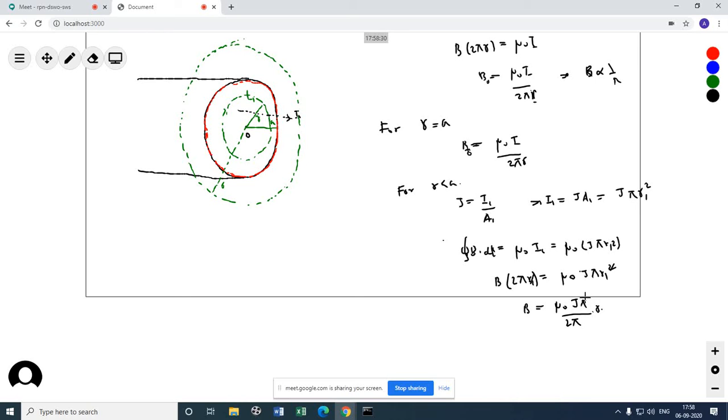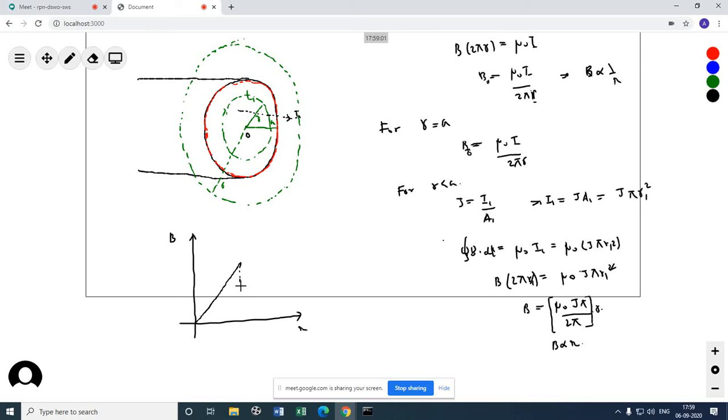So giving everything, what you see here is B is directly proportional to R. If I plot the graph, this is the answer. The magnetic field is directly proportional to R, so it increases gradually and linearly, because anything directly proportional is a straight line.